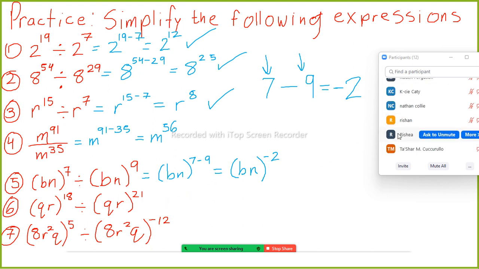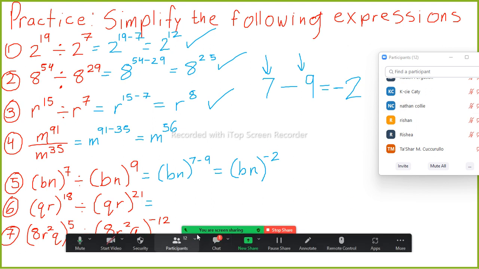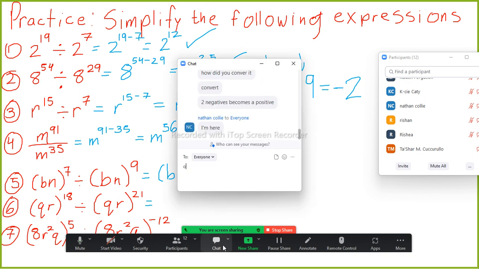All right, next one. It goes to Nathan. Nathan, are you able to speak? Nathan, what did you get for number 6? Caden is not here. Nathan, are you able to speak? No? All right, KC, this one is for you. Oh, Nathan, okay, let's see if you'd say something. I'm here.